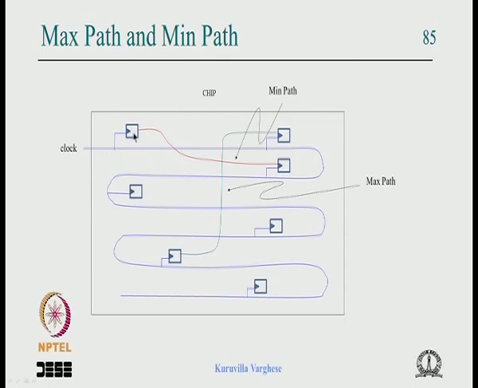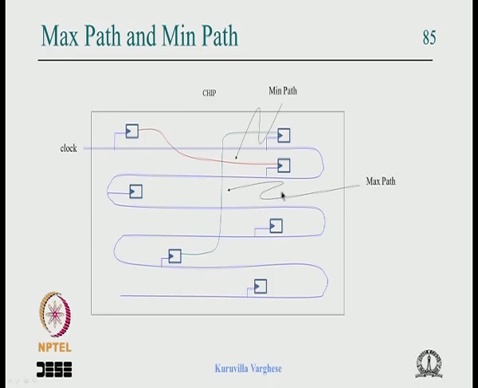Take this flip flop as source and this as destination, where the clock is going from the source to the destination, and the data is also going from the source to the destination, and this problem is called the min path problem, which we are going to analyze.